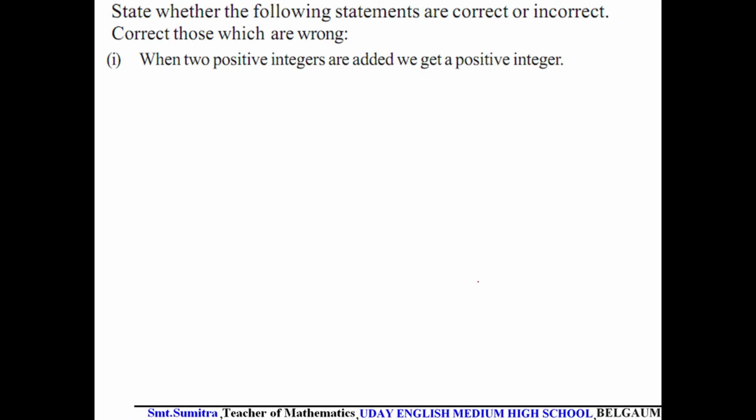When two positive integers are added, we get a positive integer. Is it true or false? You see, plus 5 plus 9, for example, addition is equal to plus 14. So the statement is true. Therefore, we say this is a correct statement.